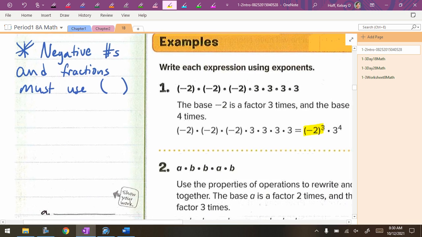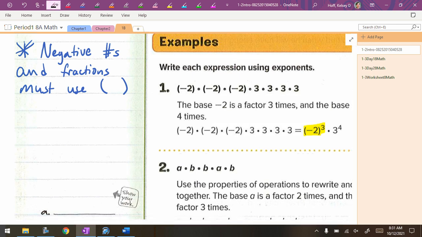As an example right here, negative 2 has to be in parentheses. If you don't put it in parentheses, it will be wrong. Okay? If that base or the number that's repeated is negative or a fraction, we have to use parentheses.